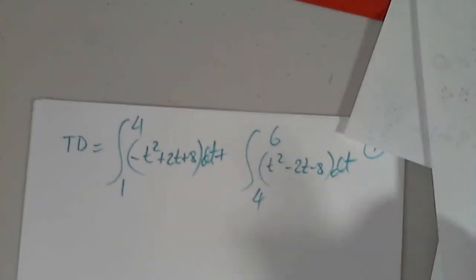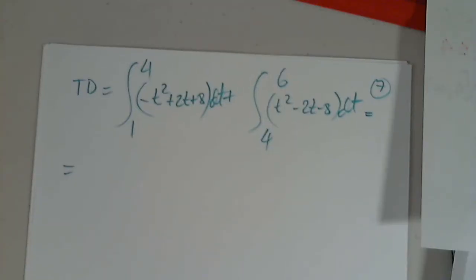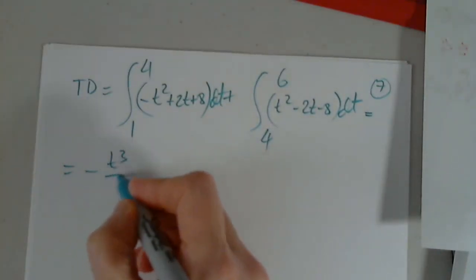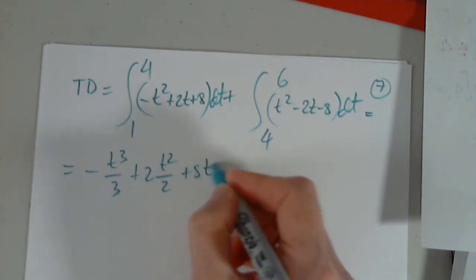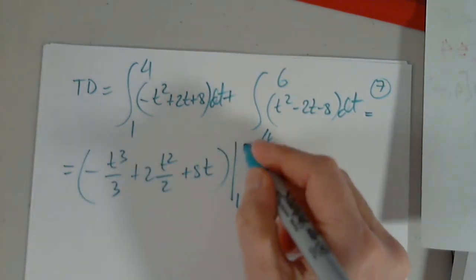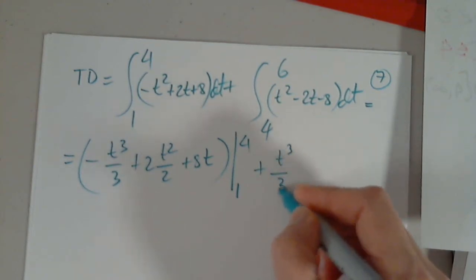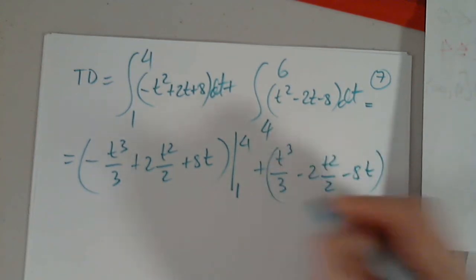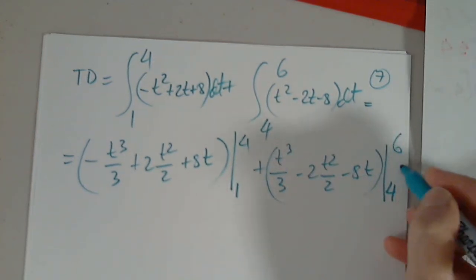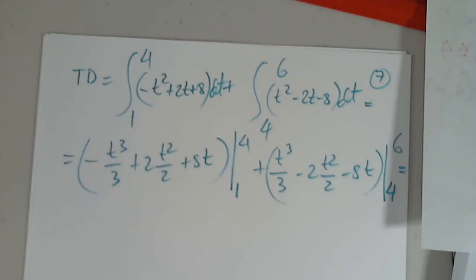It was not a linear function. Okay, so negative t to the third over 3 plus 2t squared over 2 and plus 8t from 1 to 4, and plus t cubed over 3 minus 2t squared over 2 minus 8t from 4 to 6. This is a property of the definite integral. We can break it up like that.